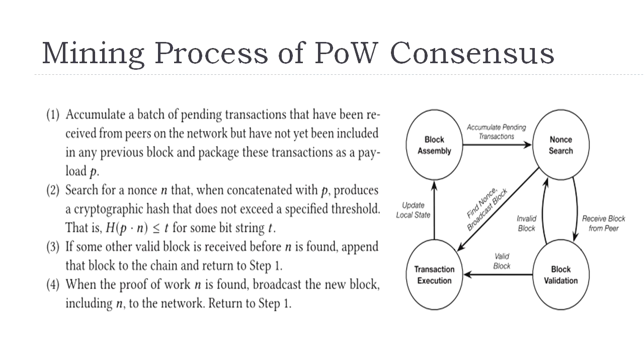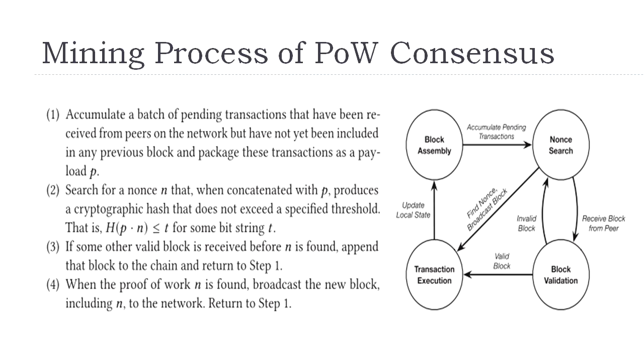As the number of prefix bits increases, the complexity also increases. That is, H(P.n), if you add these two, the value should be less than or equal to the threshold t. Meaning at least the first t bits should be 0, or at least the first t minus 1 bits should be 0.